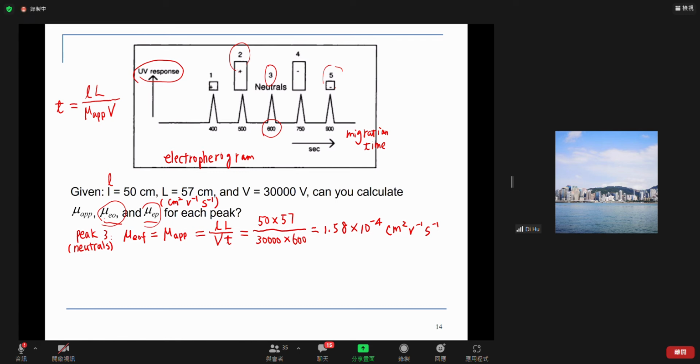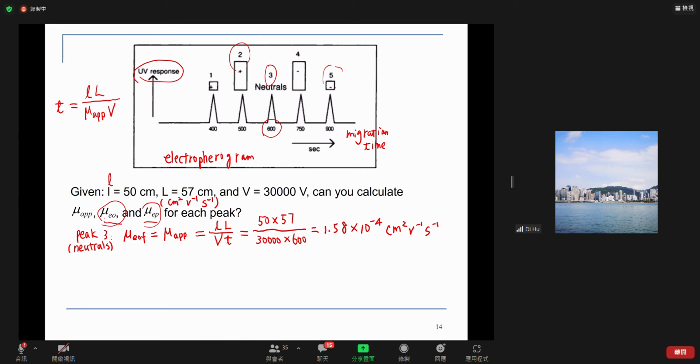I already did this one for peak 3. I get the apparent mobility for the neutral compound. And I know that neutral compounds only have electroosmotic flow. They do not have electrophoretic mobility.